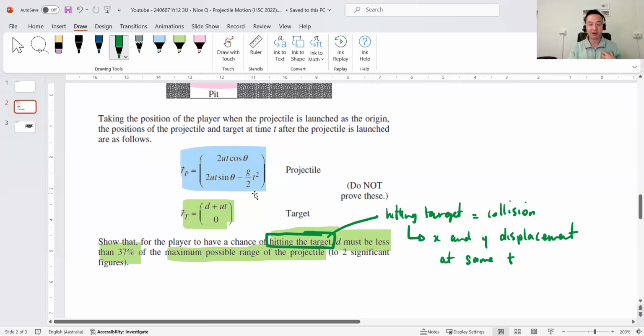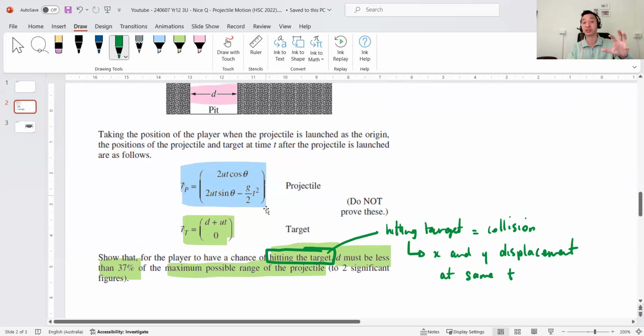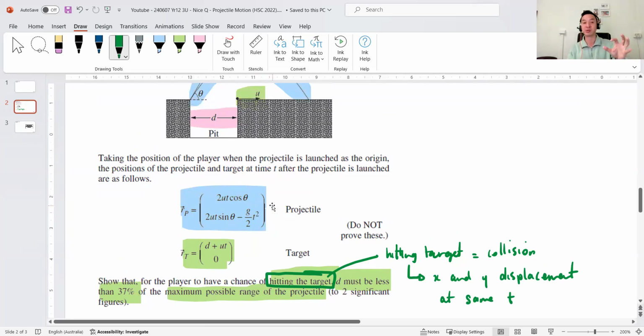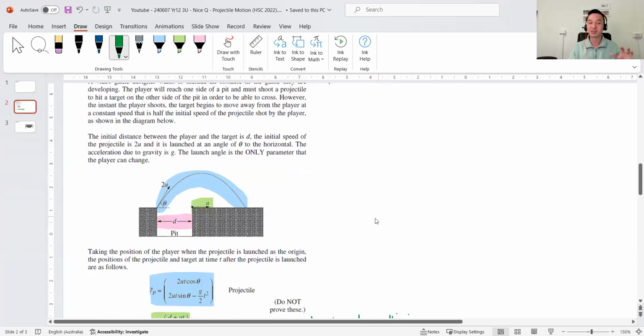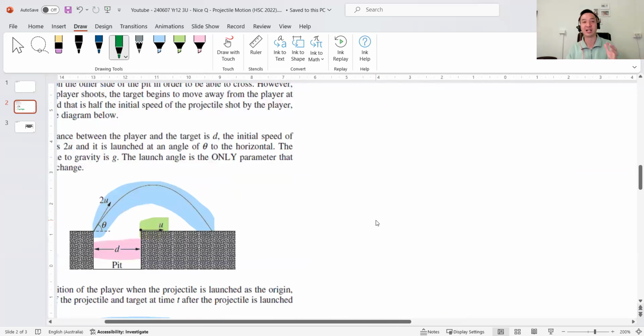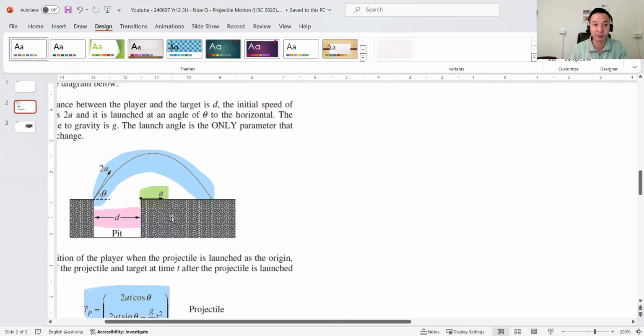So now that 37%, if I was to do this question in the HSC, that's worrying because there's nothing in here that's giving me any numbers. Where does a specific number like 37% come from? Well, if this was in the HSC, I would actually advise my students, let's just dive in and see where it takes you.